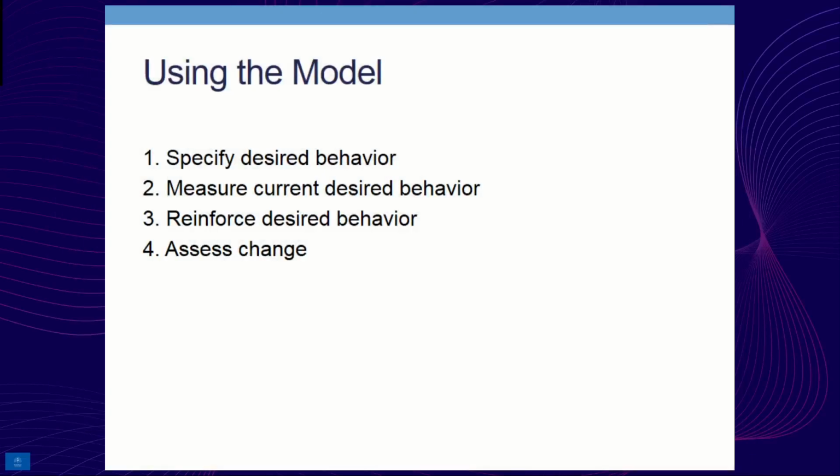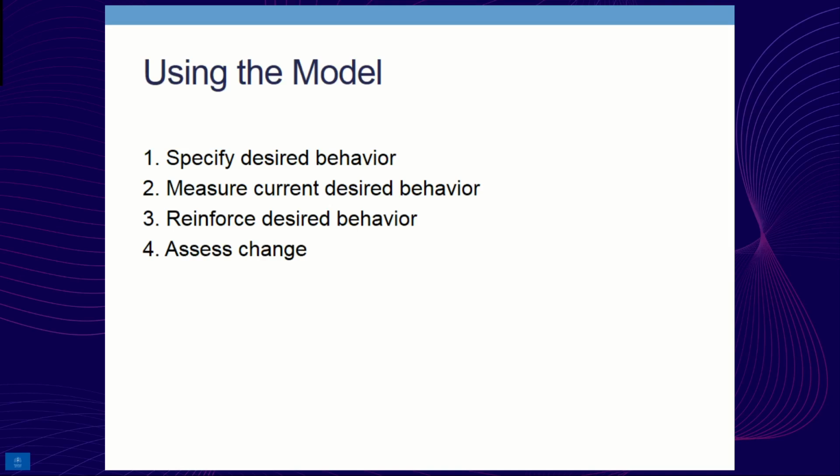Here are simple steps you can follow to use reinforcement theory with your team. First point, specify desired behavior. If you want someone to adopt a new behavior, the first thing you need to do is tell them. Do this in as clear and objective terms as you can.